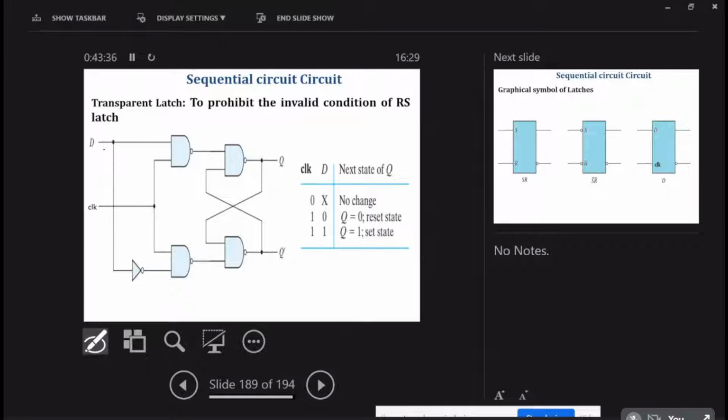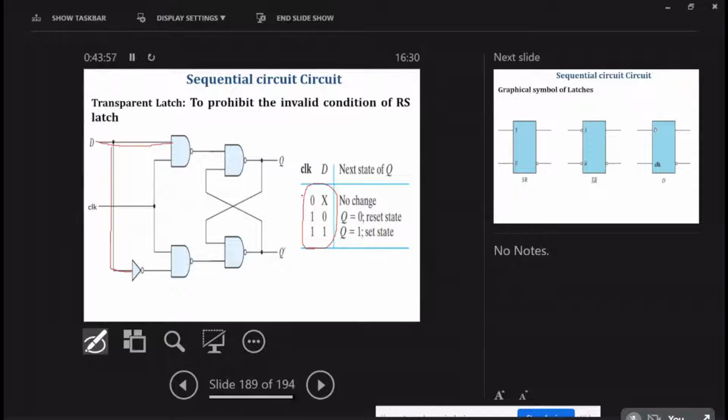For that, so that we will not get any invalid state, we use the D latch. The D latch is just the data latch. We just replace R with D and S with D dash. If we observe it, we will see that the invalid condition will never occur, and it is just a transparent latch. It follows the D data input.